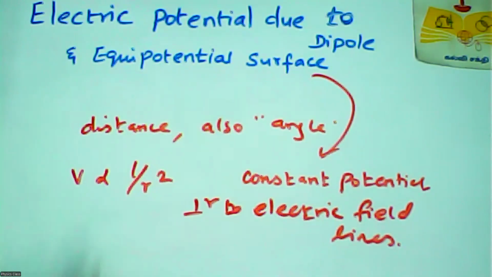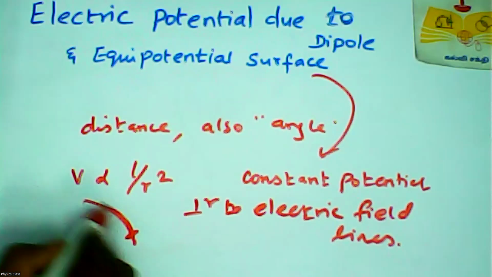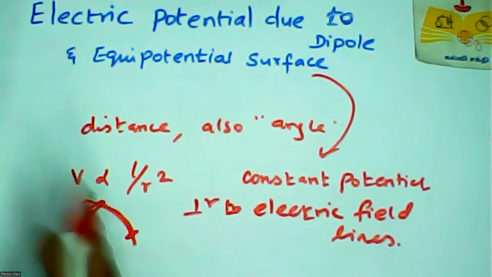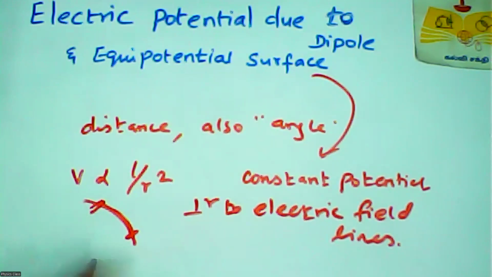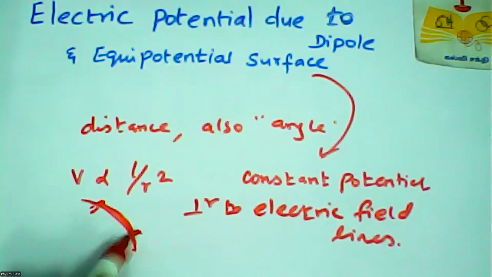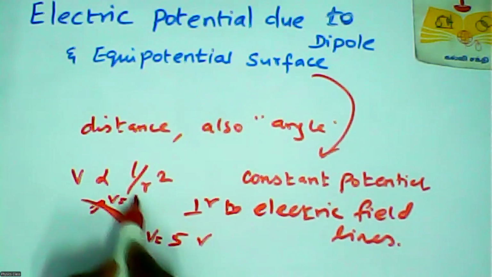So this is a surface. Suppose you move the charge from here to here. Already you know that work depends upon the initial and the final position. For the equipotential surface, this surface has the same potential. So at this point V is, for example, 5 volt. At this point also 5.